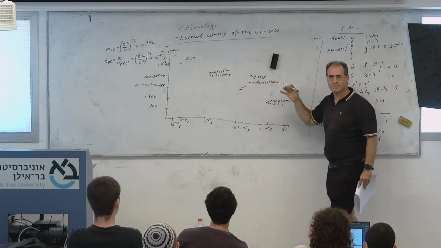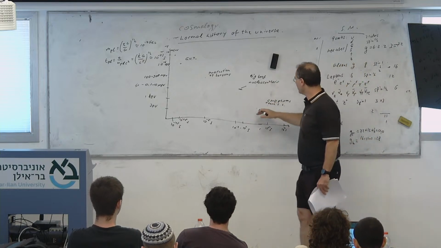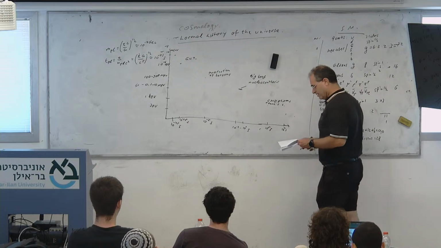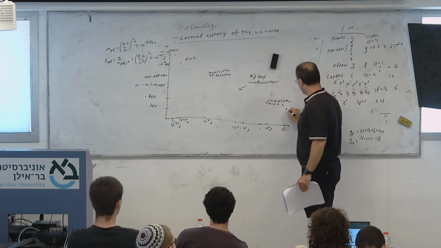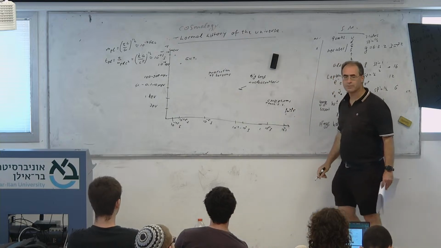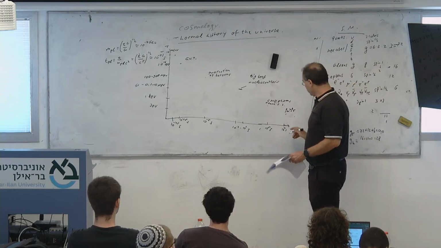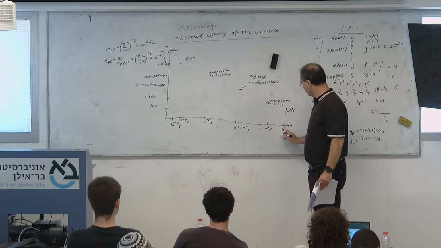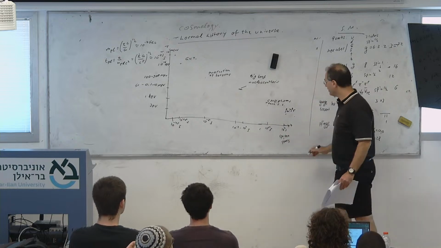They describe exactly what we talked about. At 10 to the 12 seconds, rho matter becomes greater than rho radiation, and the universe became matter dominated. This is already 40,000 years, roughly, from the Big Bang.